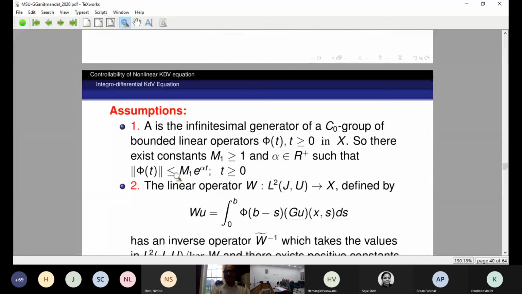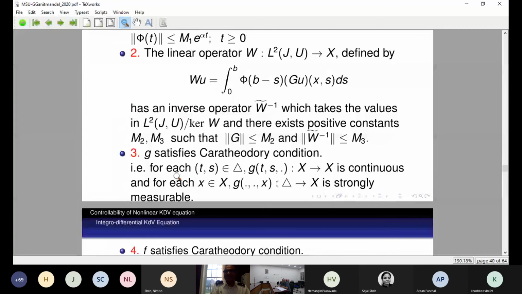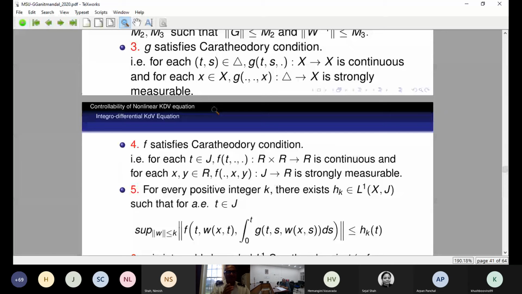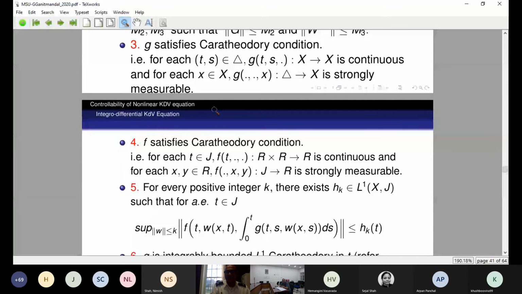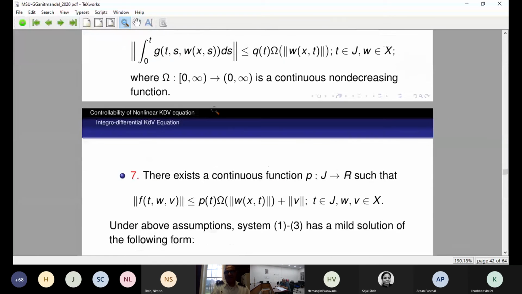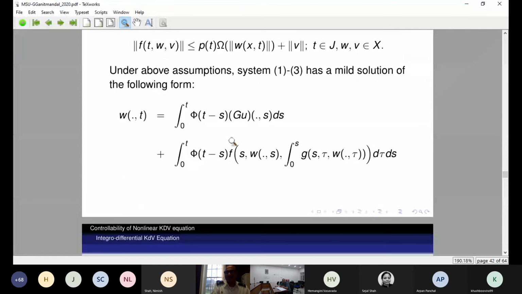So we have some assumptions over here, and G satisfies the characteristic condition. Characteristic condition means the function is measurable with respect to the first variable and continuous with respect to the second variable. We have some conditions over here, and this is the mild solution of the system.